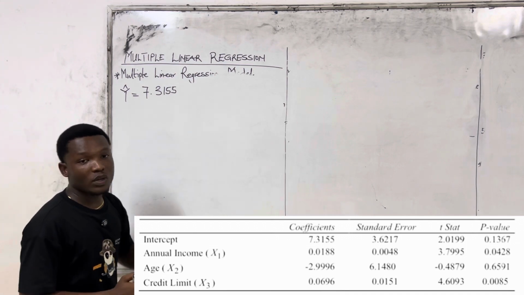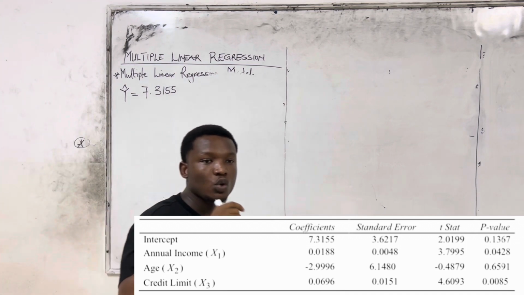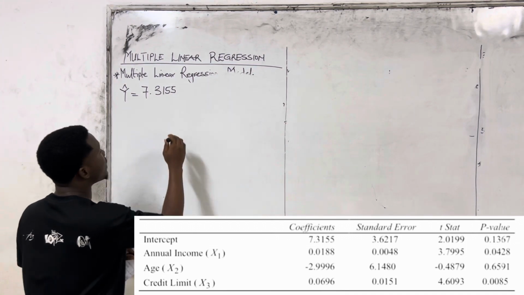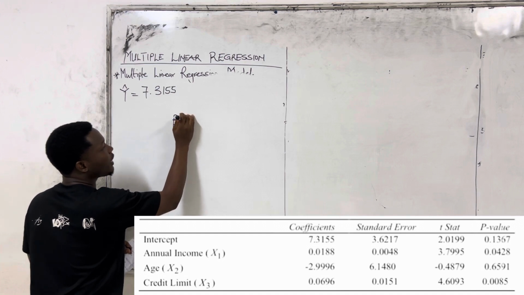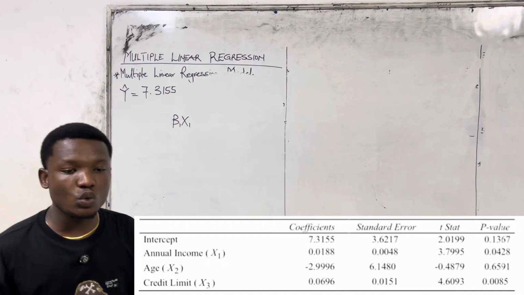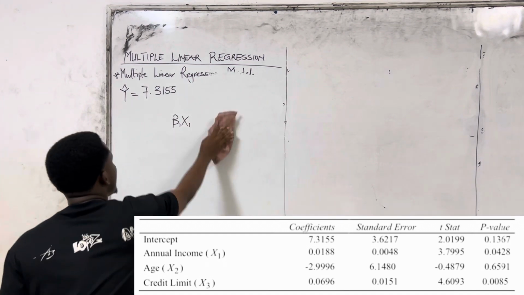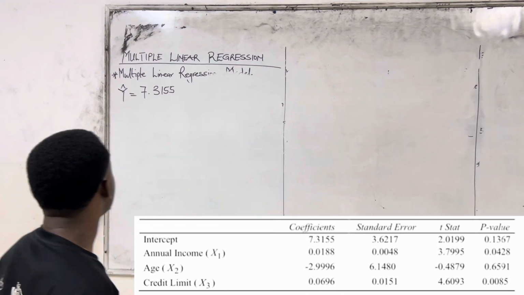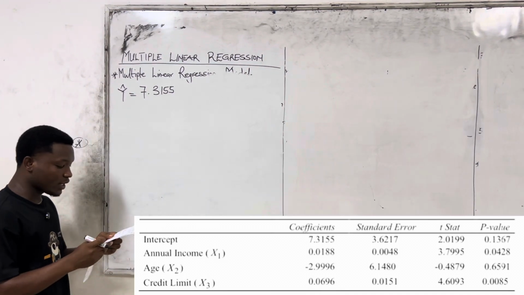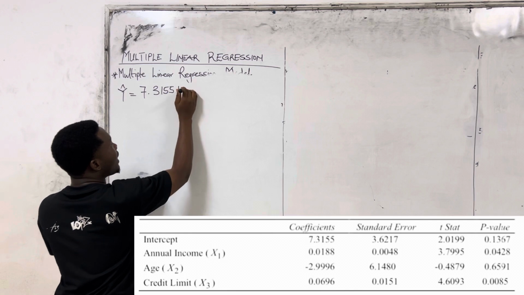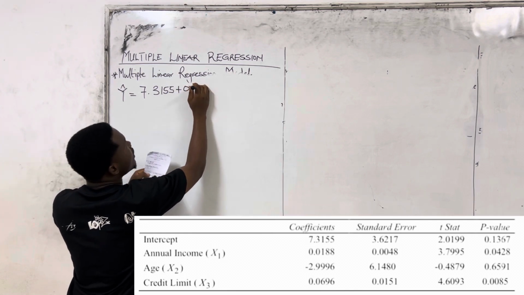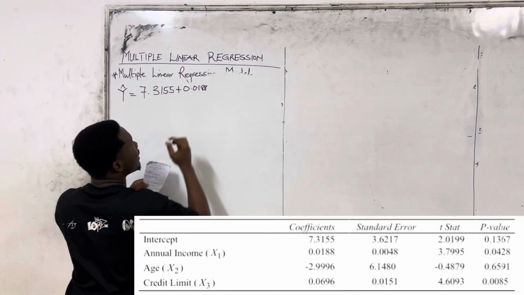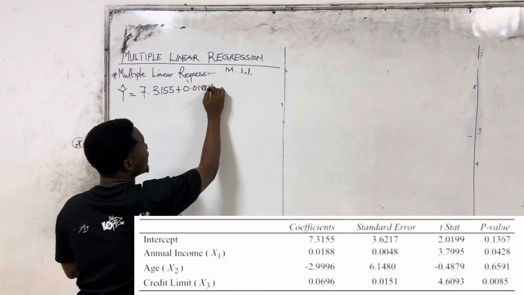Now the second one is our X1, which is beta 1 X1. Anything relating to X1 is what we write here. The figure is positive, so we write plus 0.0188 attached to our X1.